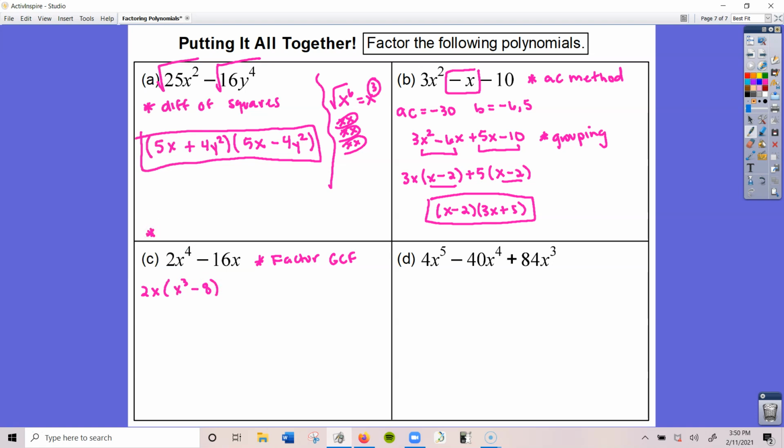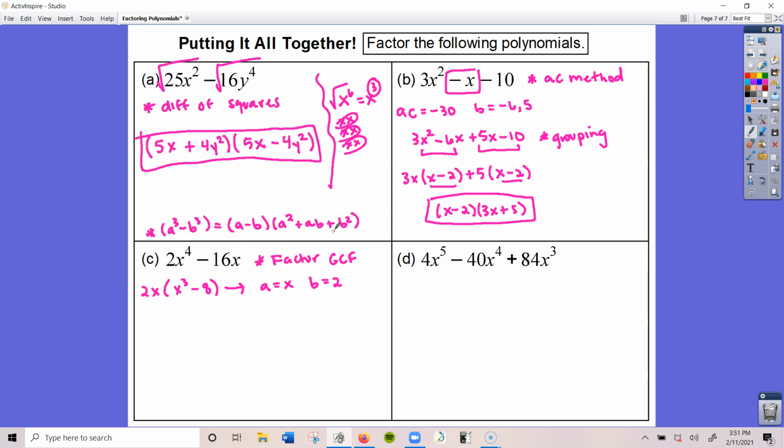Just so you remember, the format for a difference of cubes is a minus b, times a squared plus ab plus b squared. First I need a, which if I cube root the first term, is just x. And if I cube root the second term, which is 8, that's 2.